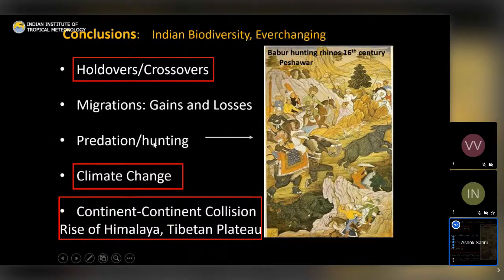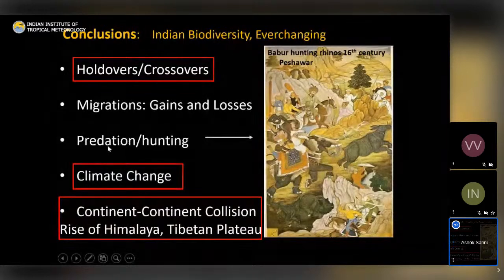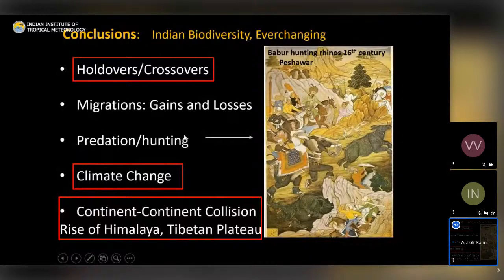The third, of course, I've not discussed because this pertains to recent times. Biodiversity has changed because of human predation. If you look at this diagram, you'll see that in the 16th century, Babur was hunting rhinos near Peshawar.